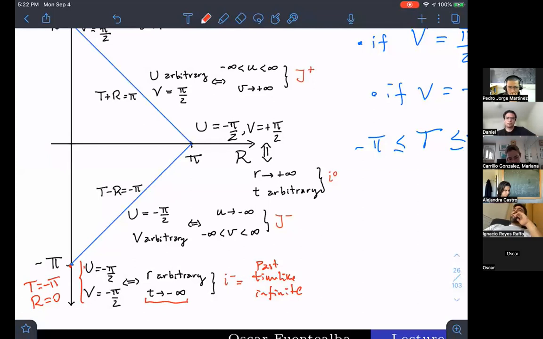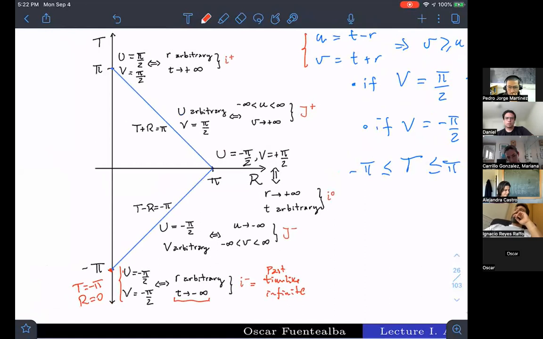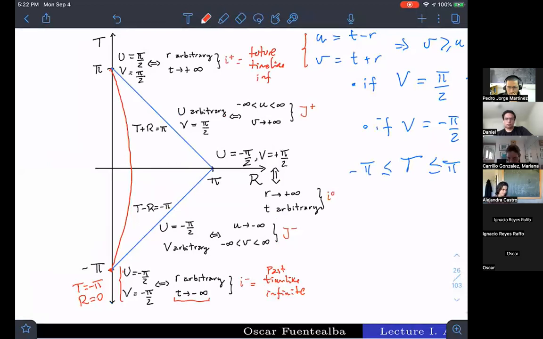So this is the starting point of all the time-like geodesics that will end in this other point. I will talk about this point, and this point is what we call future time-like infinity. Okay, and this is the ending point of all the time-like geodesics.